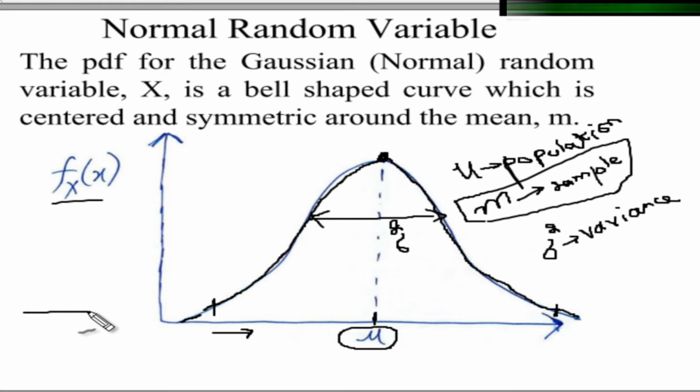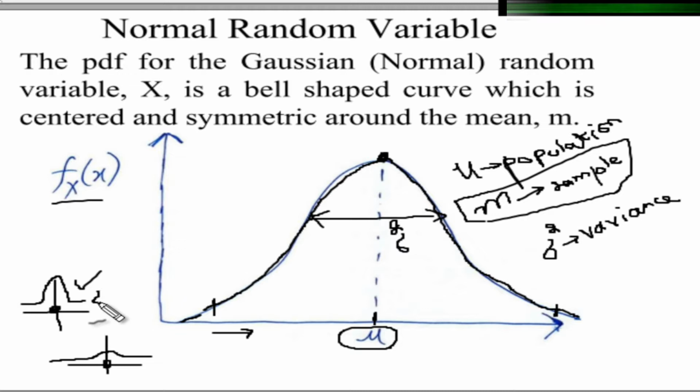If you have two curves, one is like this one, and the other one is like this one. You can see that both of them have zero mean. But if you observe the variances of these two curves, the variance of this curve is lesser.